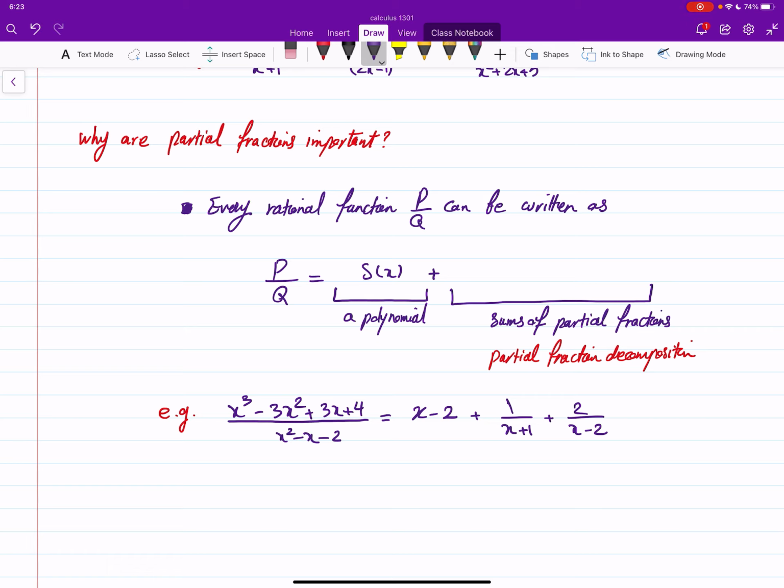As you see, this is the polynomial part, and this one is the partial fraction decomposition, or the partial fraction part, sums of partial fractions.